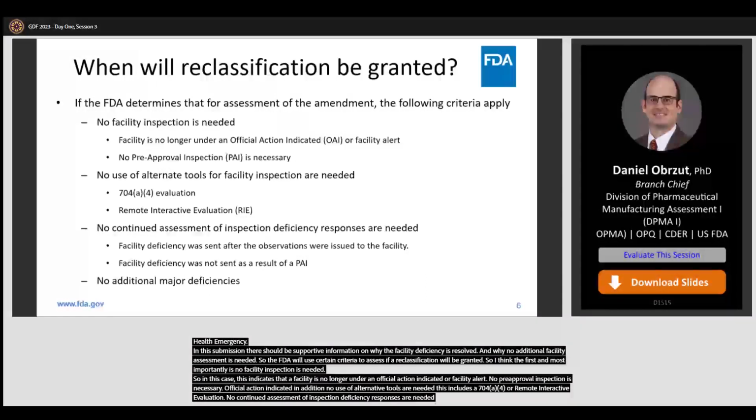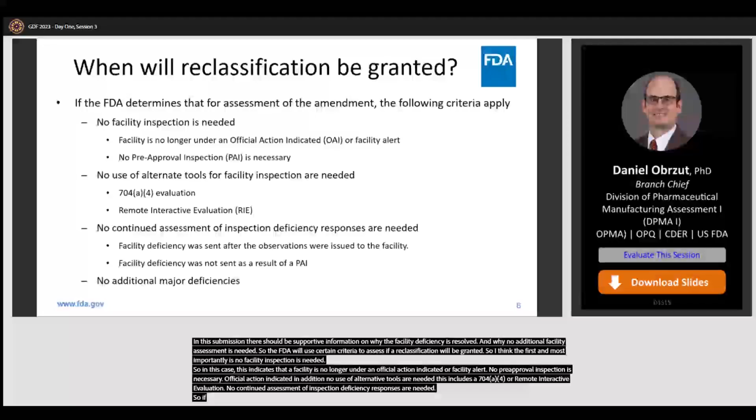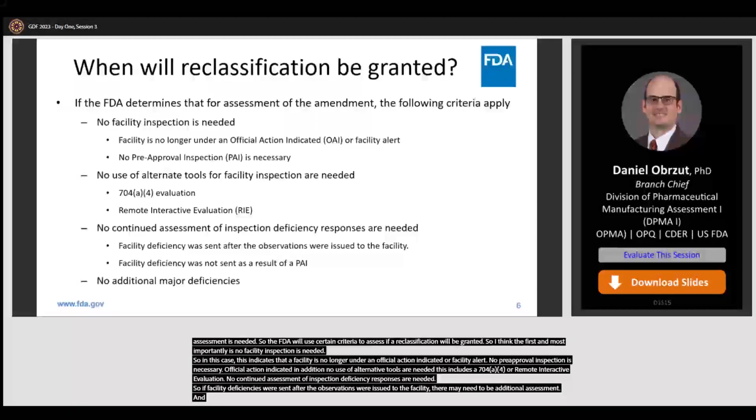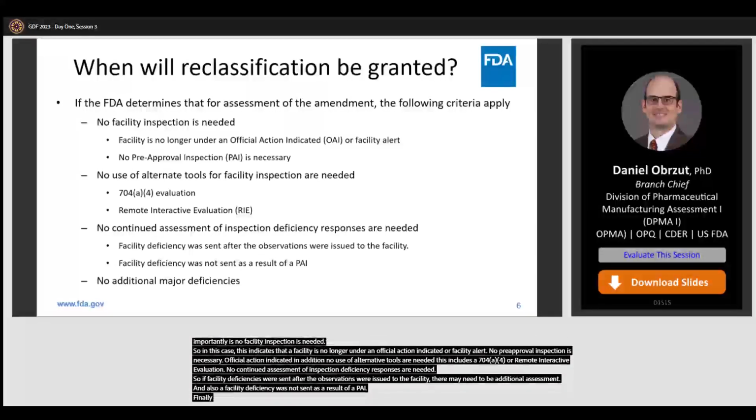If facility deficiencies were sent after the observations were issued to the facility, there may need to be additional assessment. And also, a facility deficiency was not sent as a result of a PAI. Finally, no other major deficiencies should be included on that complete response letter.